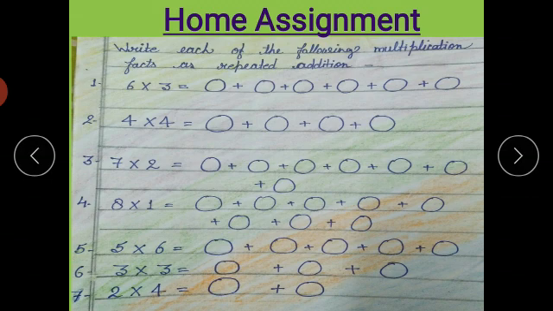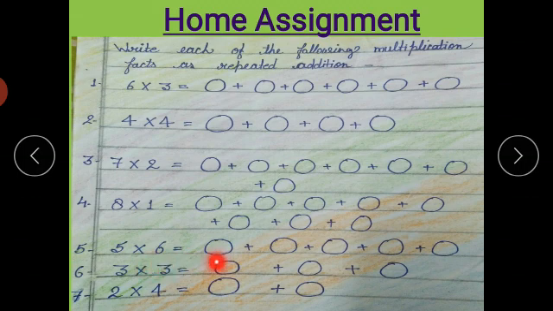Now see, 8 multiplied by 1, 8 times 1. So you have to write 1 plus 1 plus 1 plus 1 plus 1 plus 1 plus 1 plus 1. You have to write 1 over there. Then next 5. So 5 times 6. So you have to write 6 plus 6 plus 6 plus 6 plus 6. Now next 3 multiplied by 3 means 3 times 3.